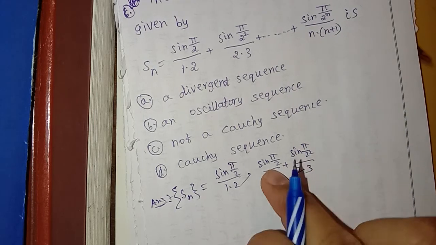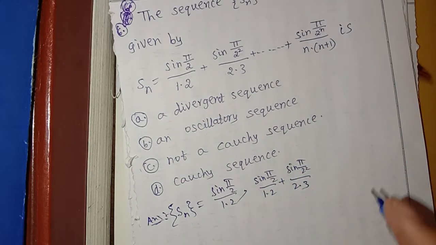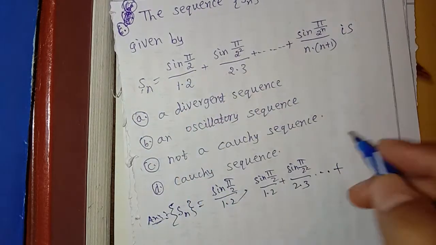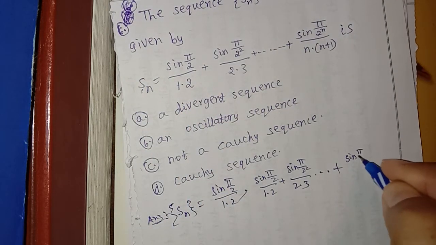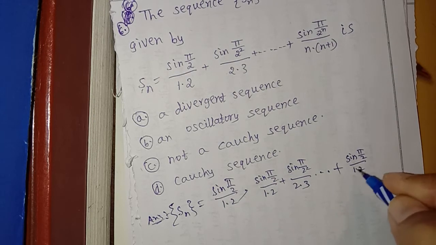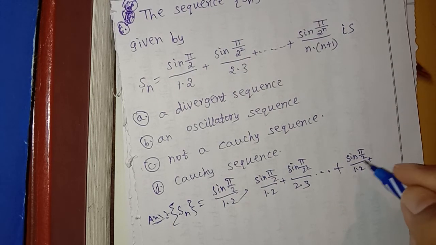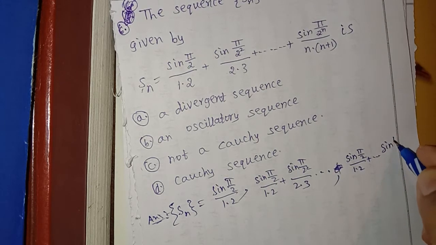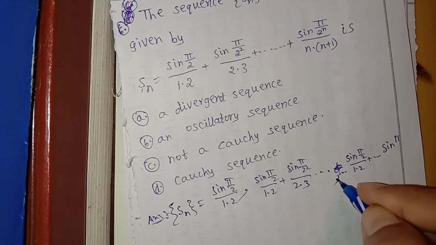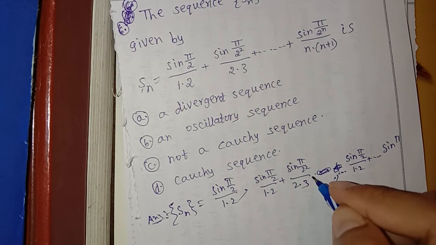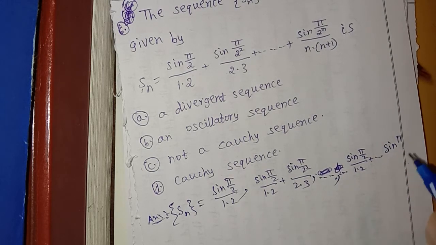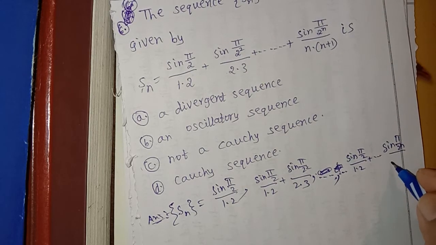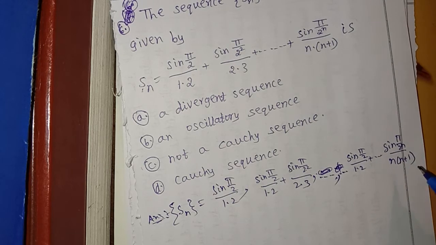So this is the second partial sum, up to the last term Sn: sin pi by 2 over 1 into 2, up to sin pi by 2 raised to n divided by n into n plus 1.